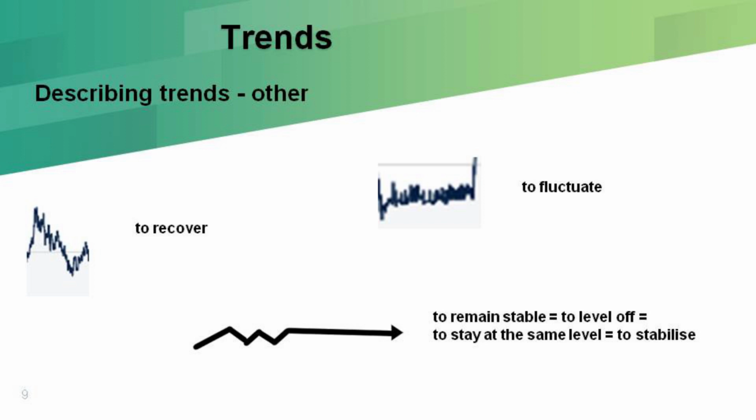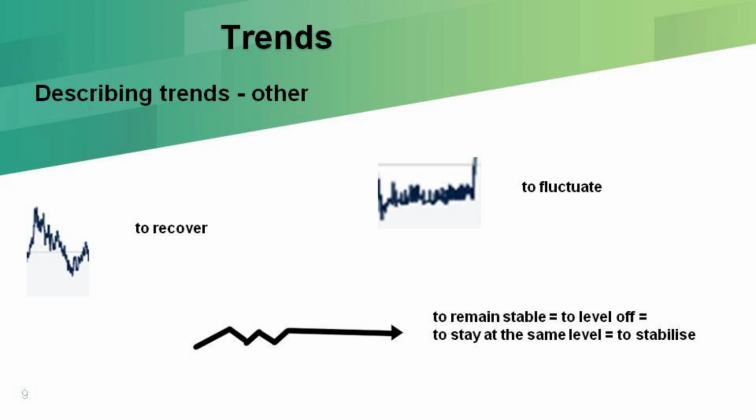It's the same as the verb to recover when you're talking about an illness. So you're ill for a long time, but then you recover, you get better. You can use the same verb to describe trends. So to recover means to increase, to go up after some period of going down.